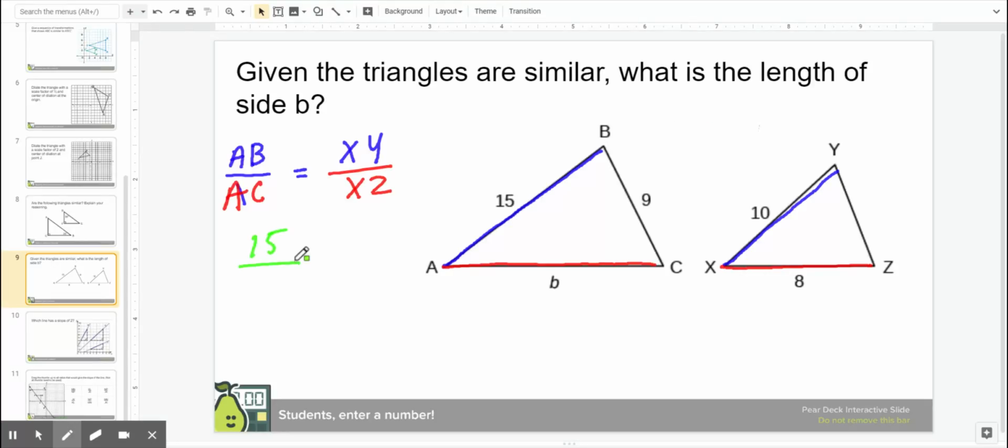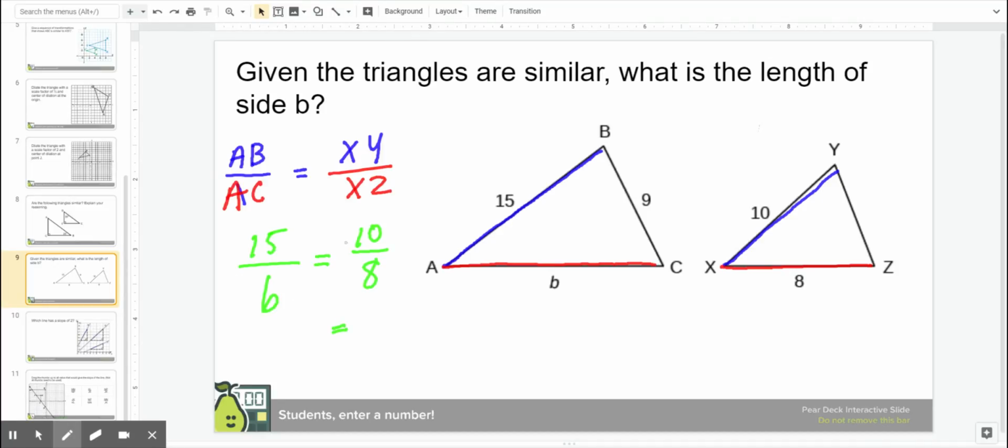So we know AB is 15, and AC is B. That's what we're solving for. And XY is 10. And we have XZ is 8. So we need to try to figure out what proportion would help us figure out B.